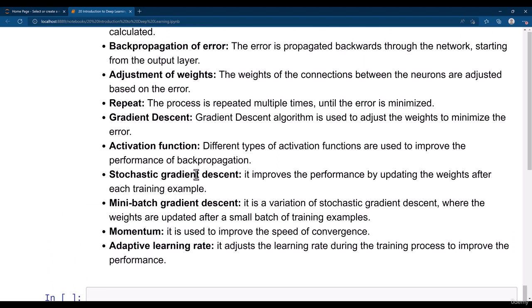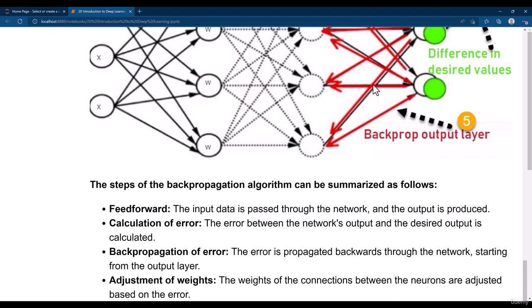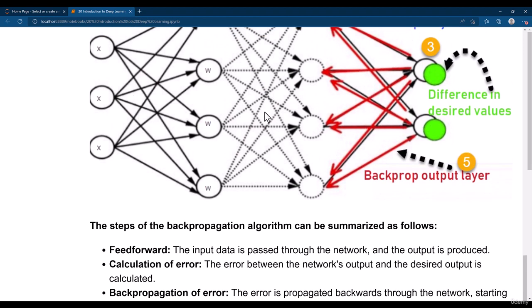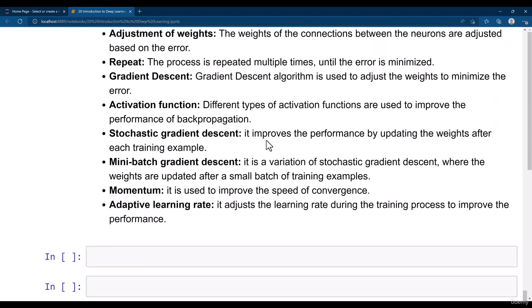Then stochastic gradient descent. This is also another way of doing gradient descent, or you can say it is just another version of gradient descent. Thereafter we have mini batch gradient descent. When we talk about the adjustment of the weights, in general it is happening for all data at once, but in practice that doesn't happen. So we do that with a small batch size.